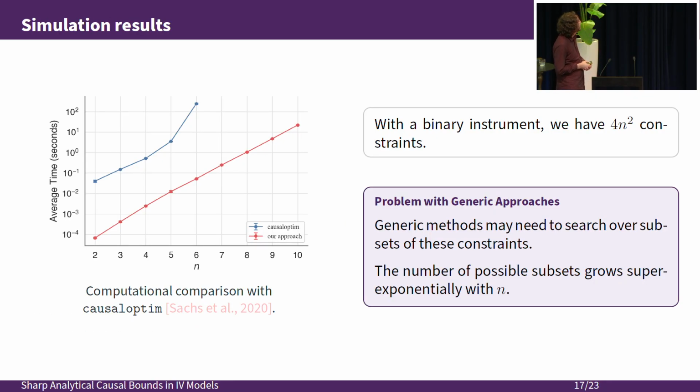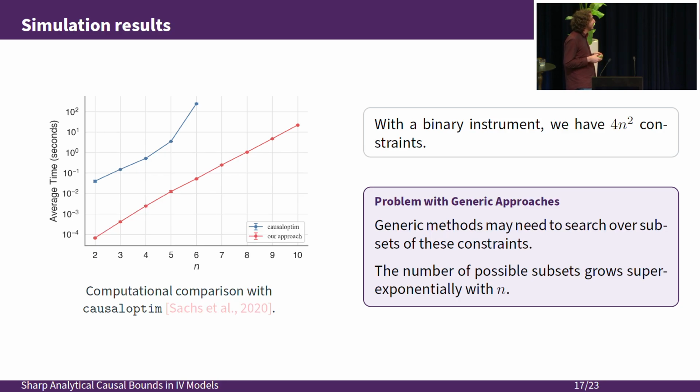In our simulation, we can see that our model, shown by the red line, grows exponentially and is linear in the logarithmic chart. But the previous approaches require super exponential time.